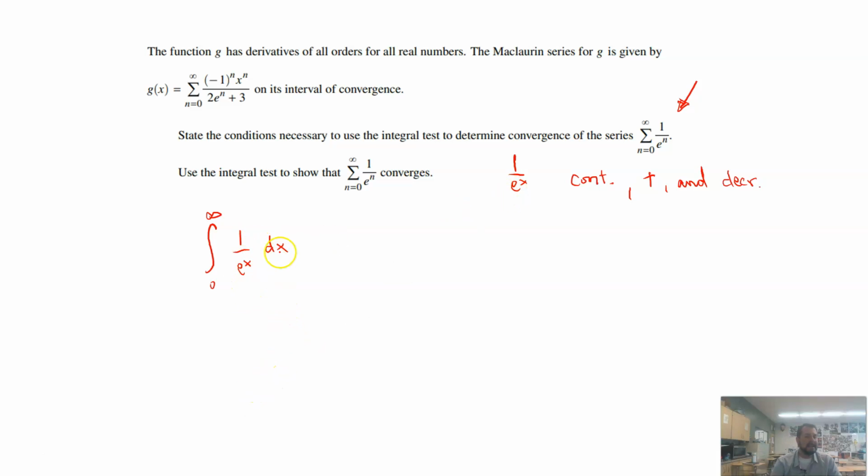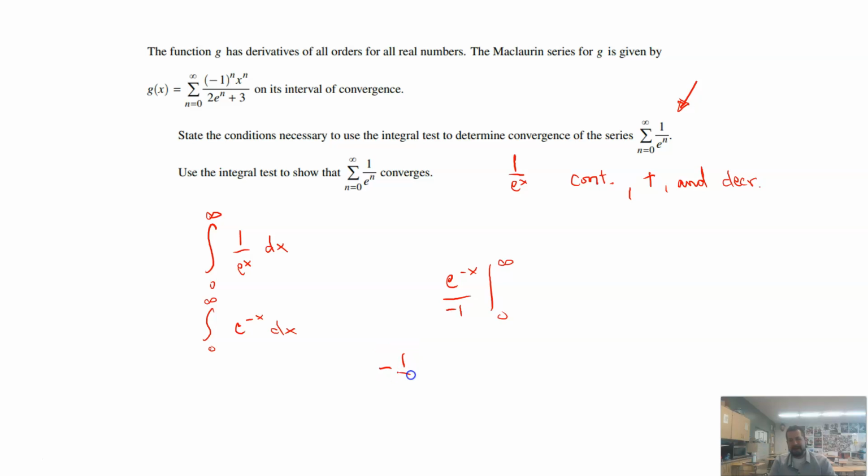So now we can say if this is a convergent integral, in other words, I can actually find the value, then the series is going to be convergent as well, although they will not be the same value. Well, I can take the antiderivative of this by just making it e to the negative x real fast. So the antiderivative of that is e to the negative x divided by negative 1, and we're going to go from 0 to infinity.